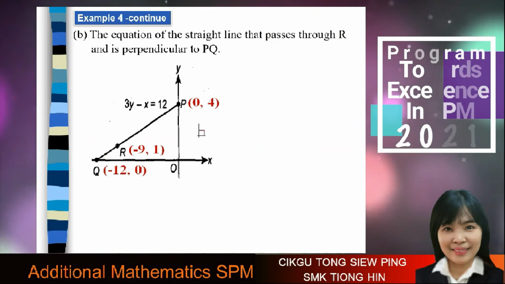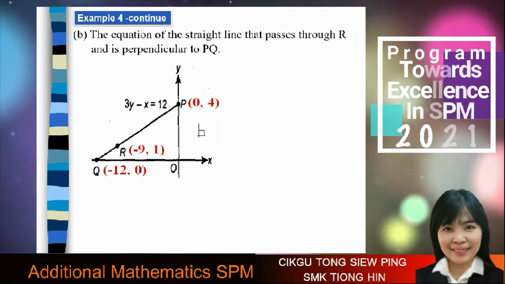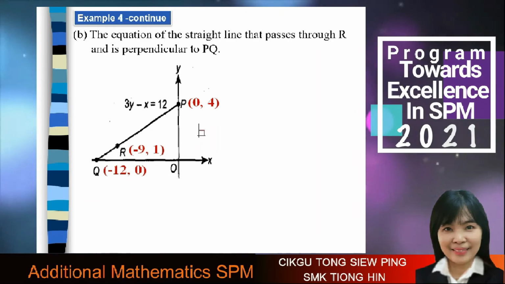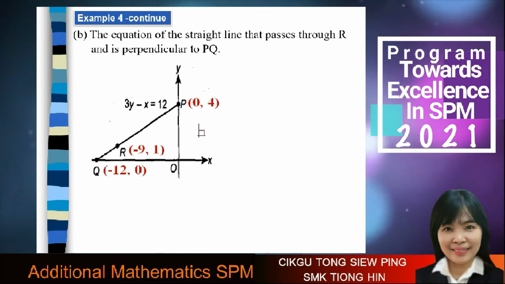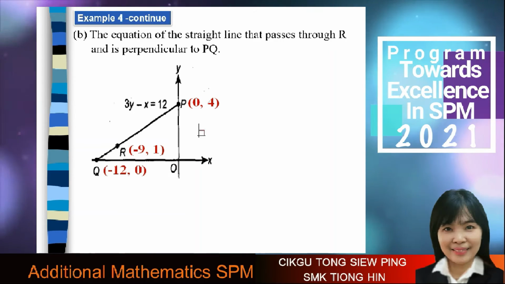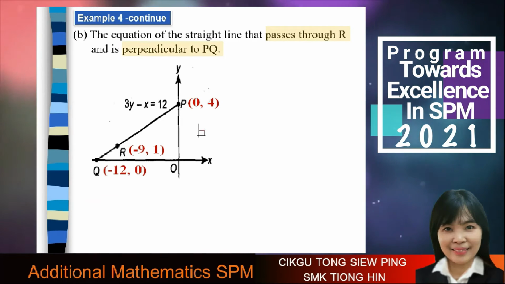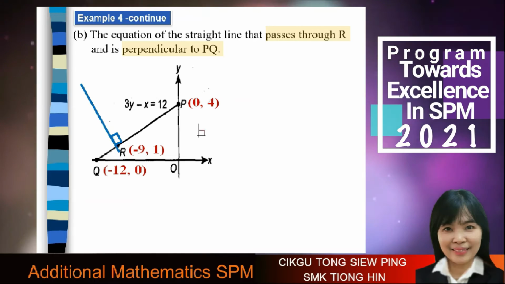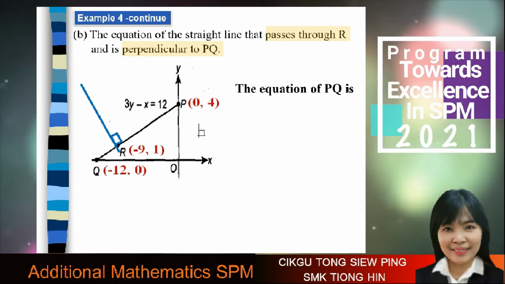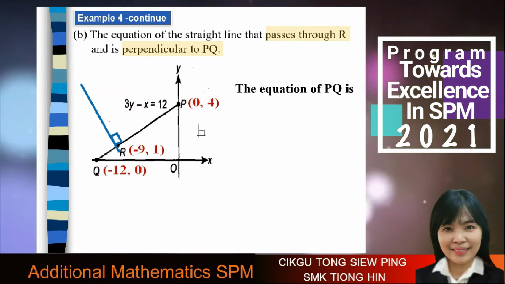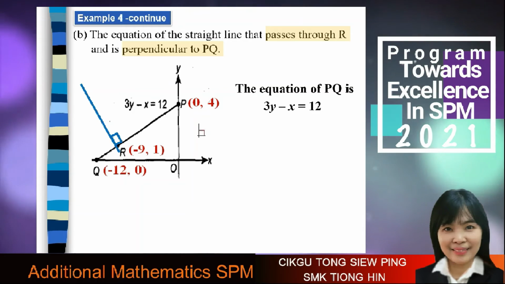Now we look at part B. The equation of the straight line that passes through R and is perpendicular to PQ. That is this blue line here. The equation of PQ is given in the question, that is 3y minus x equal to 12.